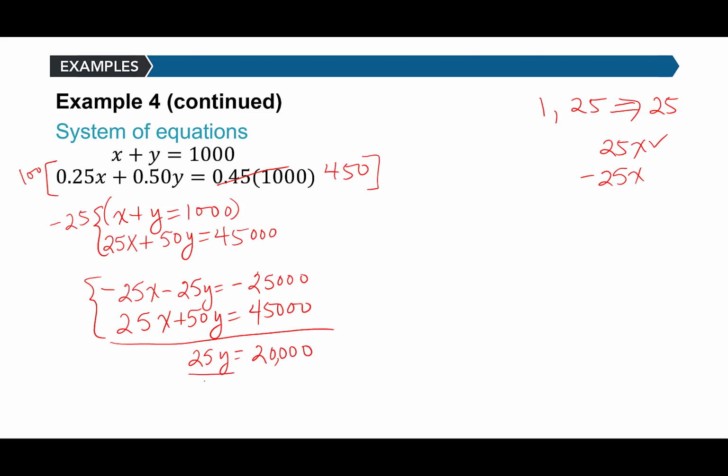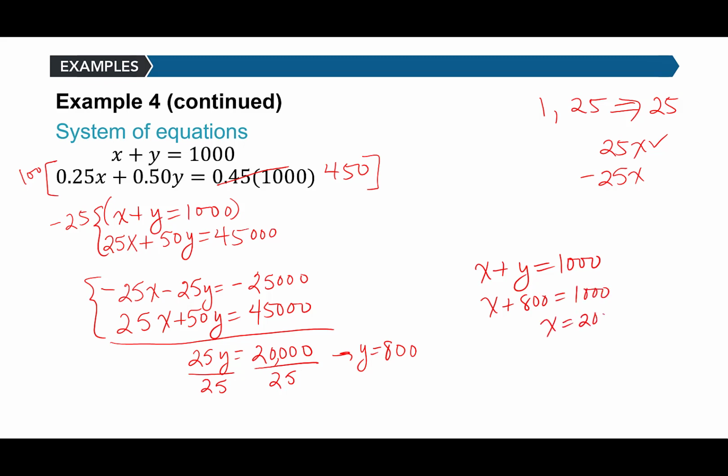When we divide each side by 25, we get that Y is equal to 800. Then to find X, we can substitute into the first equation. We know that X plus Y is equal to 1,000, so X plus 800 is equal to 1,000. Subtracting 800 gives us X equals 200.